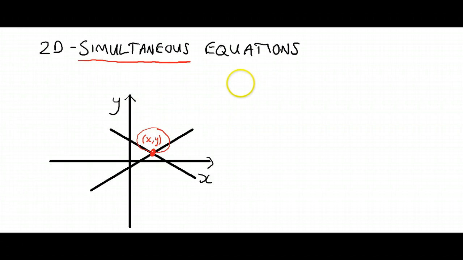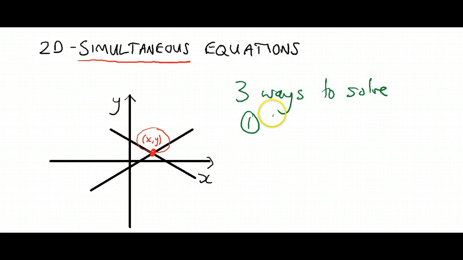Now there's three ways to solve a set of simultaneous equations. The first one is called the graphical method, and the graphical method means kind of like we've done here on this graph. We draw the two lines, and we try and estimate based on what we know about the scales on the axes what the coordinates are.